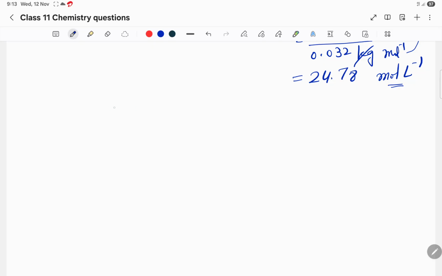Okay, so we can apply the molarity equation, that is M1V1 is equal to M2V2. Mark my words, this equation is used where we have to know the unknown volume or molarity of one solution to make another solution whose molarity or volume has been given. These are four values.